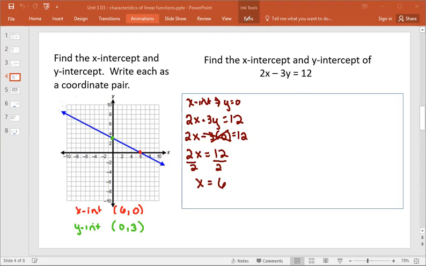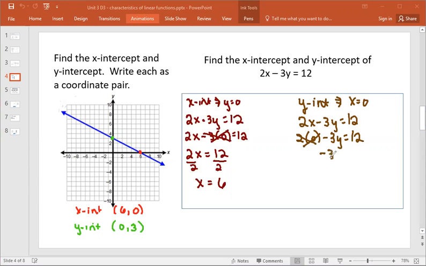If I find the y-intercept, that means the x is going to be set to 0. So once again, I'm going to write down my equation: 2 times 0 minus 3y is equal to 12. This entire front part goes to 0 because 2 times 0 is 0. So we have -3y is equal to 12.